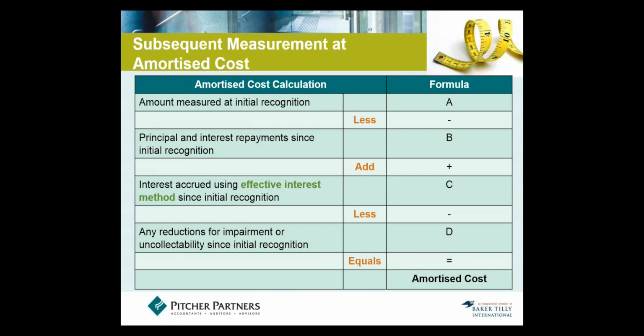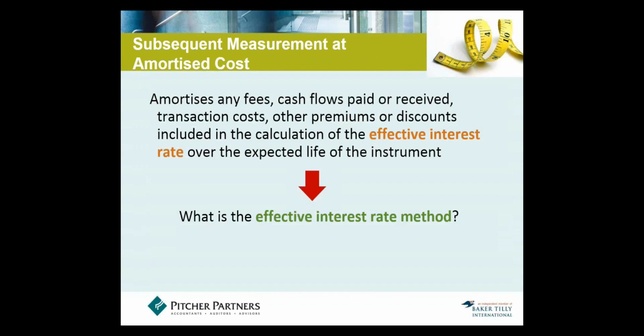So often people would say, okay, I know I've got a financial liability, it's another financial liability, it has to be at amortized cost, which means I have to use the effective interest rate method. So what does it mean? So the amortized cost method amortizes any fees, cash flows paid or received, transaction cost, other premiums or discounts included in the calculation of the effective interest rate over the expected life of the instrument.